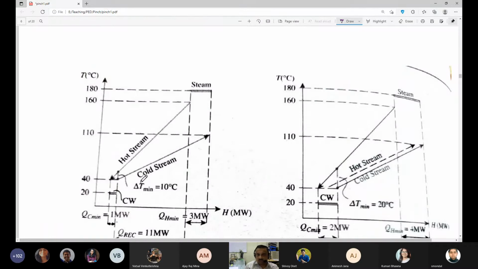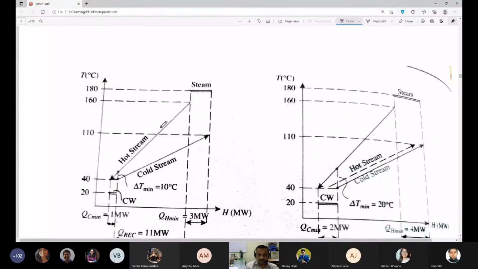When we plot these, the hot stream temperature is changing from 160 to 40, and the cold stream temperature is changing from 40 to 110.